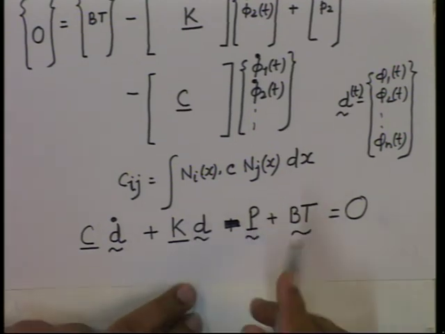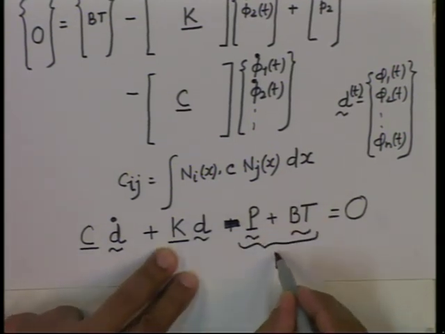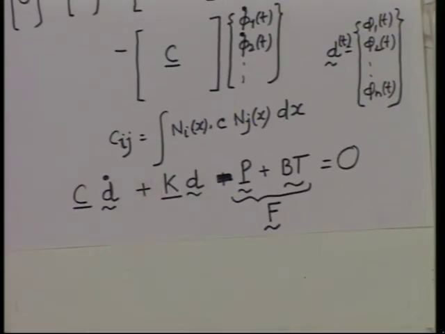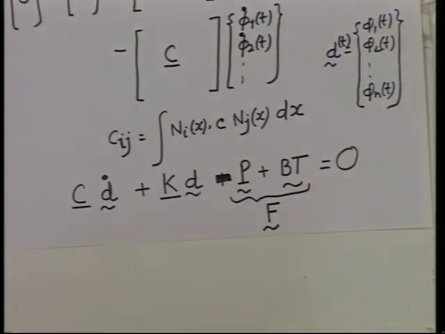This can be combined into f. These two are combined into f. So you have one additional term because of this derivative with respect to time. Okay, thank you.